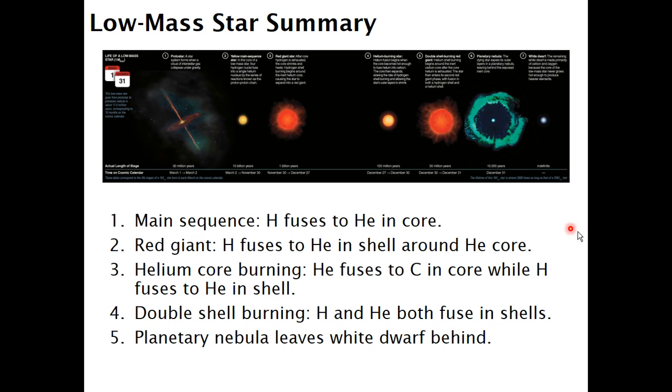Right? And in summary, for the low mass stars, hydrogen goes to helium, and eventually the helium ignites, and when there's shell burning, it's unstable, and a planetary nebula is pushed out, and you have a white dwarf.